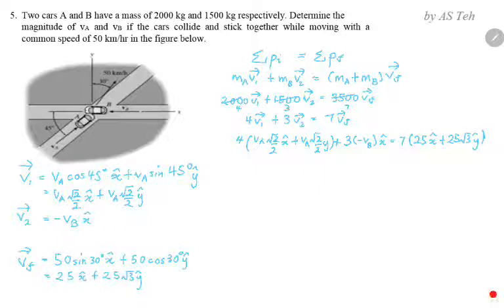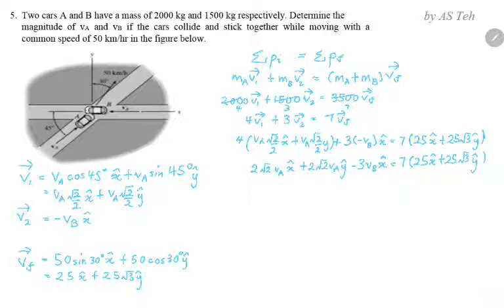Okay, so that gives me 2 square root 2 VA x plus 2 square root 2 VA y minus 3 VB x equals 175x plus 25 square root 3 y.